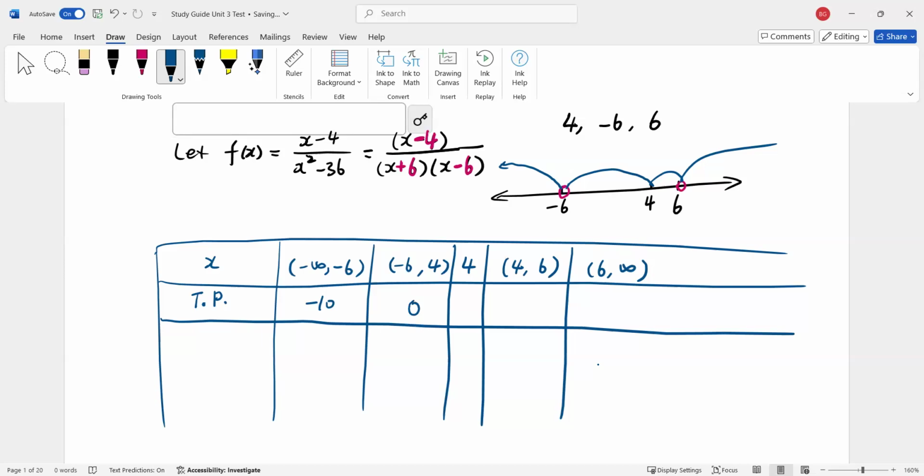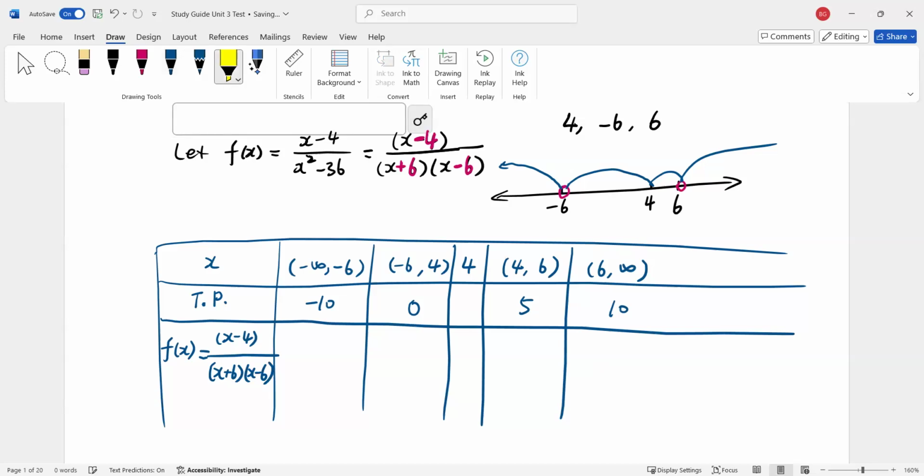From 4 to 6, we try 5. From 6 to positive infinity, we use 10. In the next row, we have f of x in factored form: numerator x minus 4, denominator x plus 6 times x minus 6.